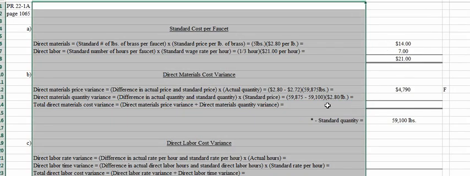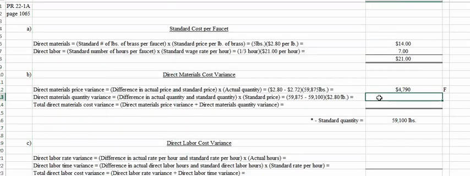Okay, so what do we come up with here? Well, first off, we need to know if it was favorable or unfavorable. I think we figured that out already. The standard or the budgeted number of pounds of brass to be used this month, 59,100. We got that by multiplying 5 pounds of brass per faucet times the 11,820 faucets produced this week.